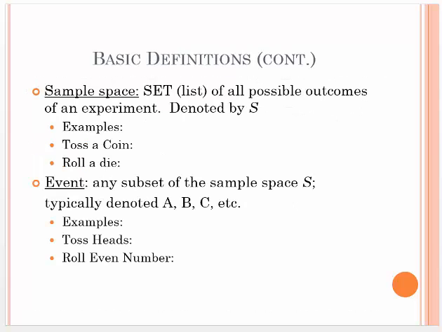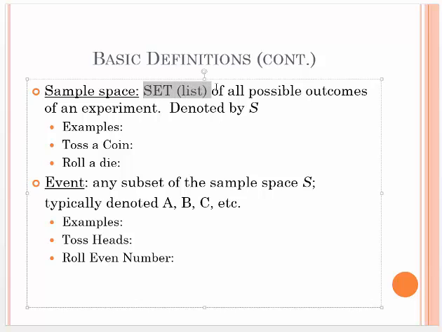The next two definitions. If I'm going to perform an experiment, the sample space is a set or list of all the possible outcomes for that experiment. We denote the sample space with the letter S. Let me give you two examples.